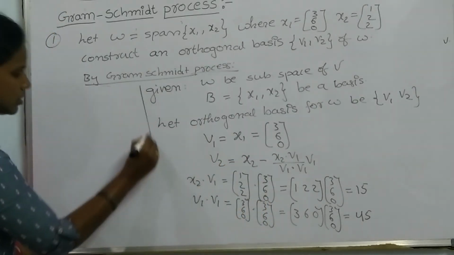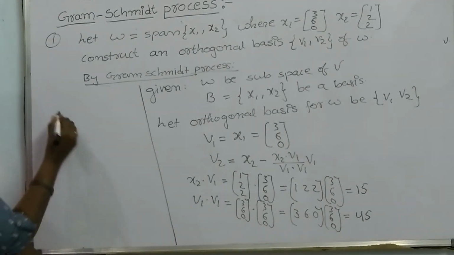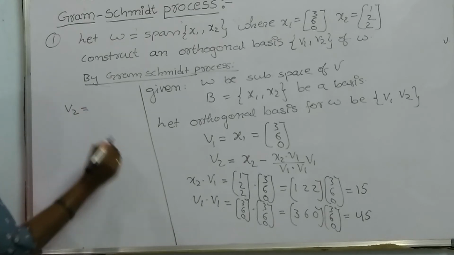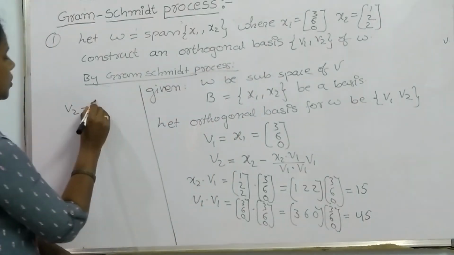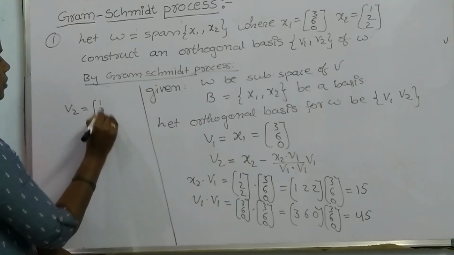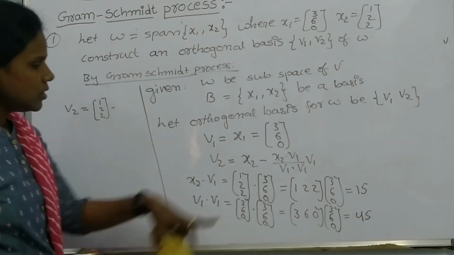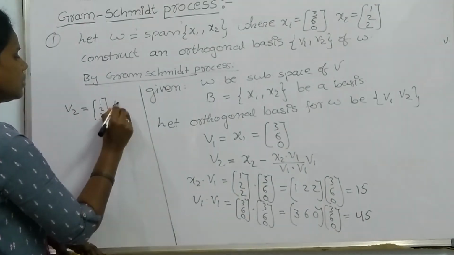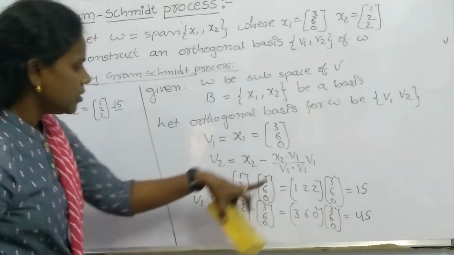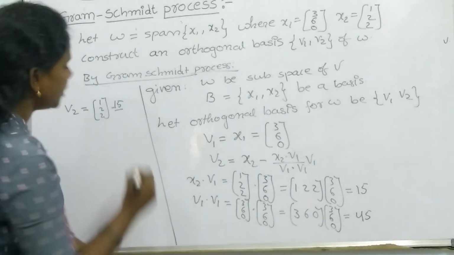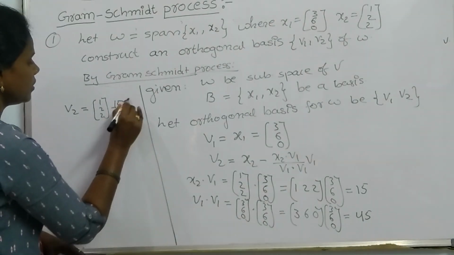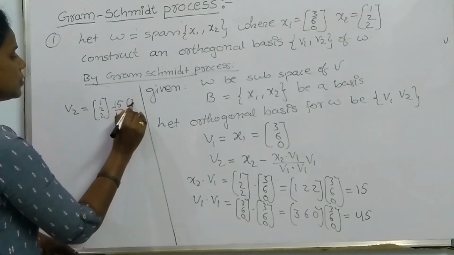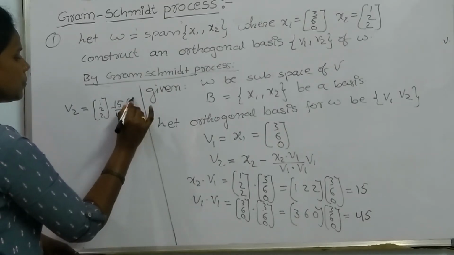So I will write here V2 equals x2, we know x2 is (1, 2, 2), minus x2 dot V1 which is 15, by V1 dot V1 which is 45, times V1, which is (3, 6, 0).